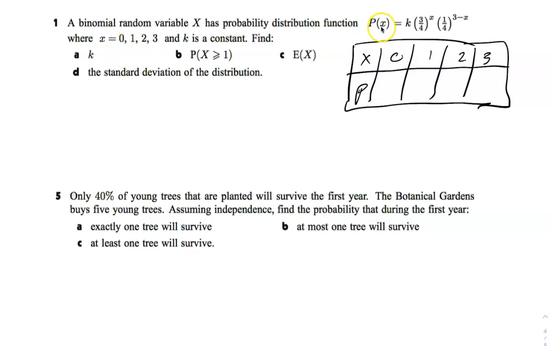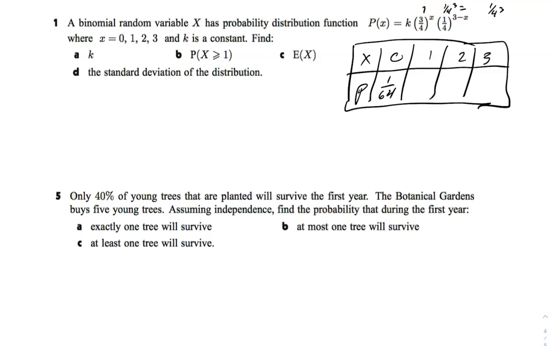If you plug in 0 for x, we're going to get (3/4) to the 0, which is 1, and then (1/4) to the 3rd, so 1/64, with k on top.